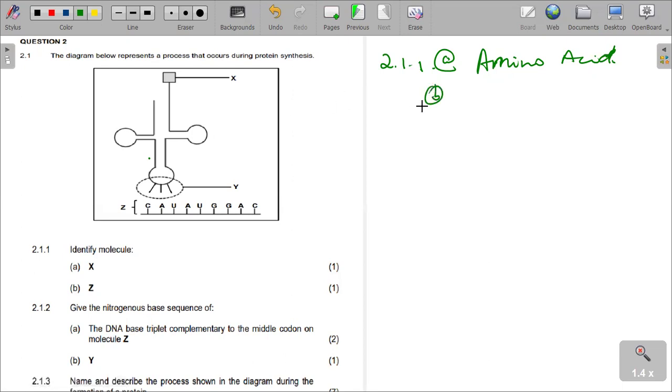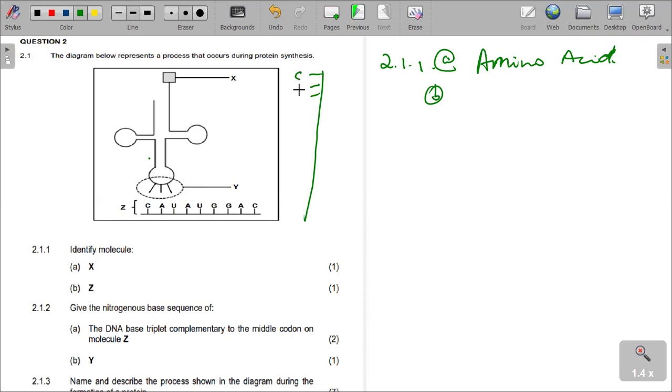Question B says identify Z. What is Z there? Z is this structure, the single strand that we have talked about before. Z is referring to this whole strand shown here, which has the nitrogen bases.